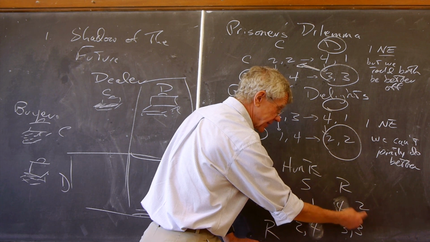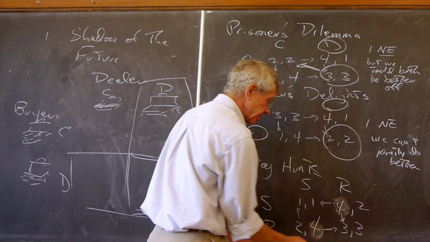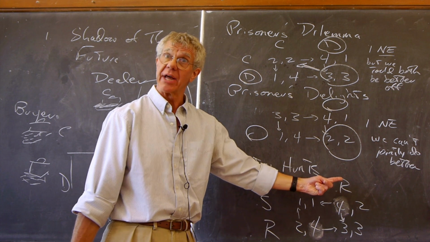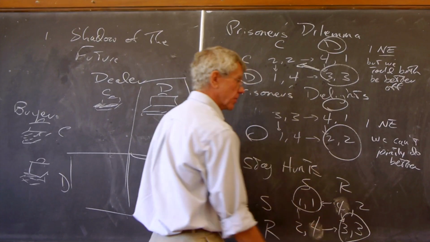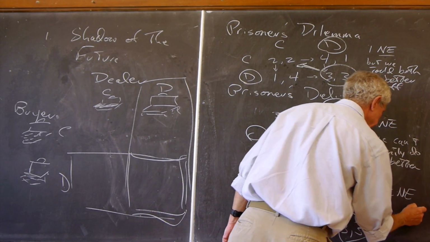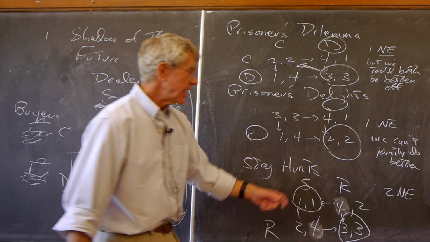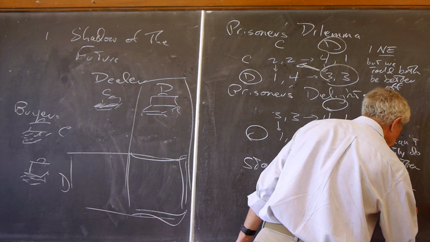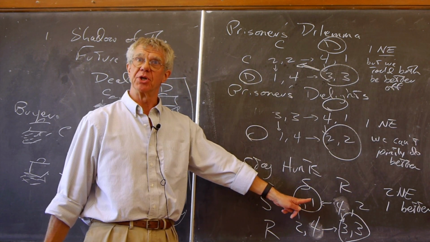And in your case, you're thinking, well, I'd rather do that, but I'd also rather do this. So you don't have a dominant strategy either. There are two Nash equilibria. Just see where the arrows go. Two Nash equilibria. But notice, one's better than the other. So one is clearly better. We both do better in that option.